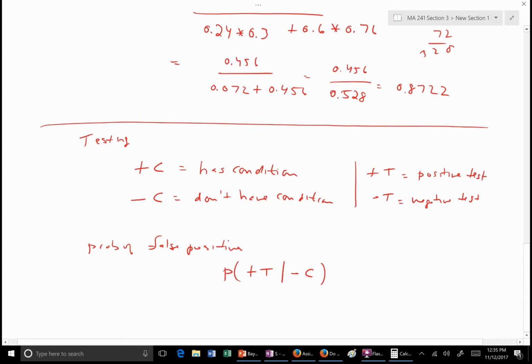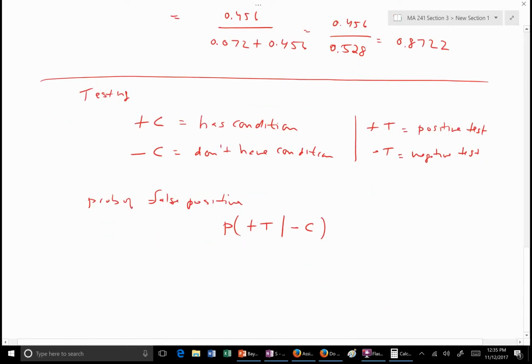So in other words, the person comes back and the individual testing them says, hey, you have this condition, but they don't. So sometimes people call this a false alarm, because we're saying that something significant happened when it didn't. The test is saying something happened, but the reality is nothing happened. The person didn't have the condition.